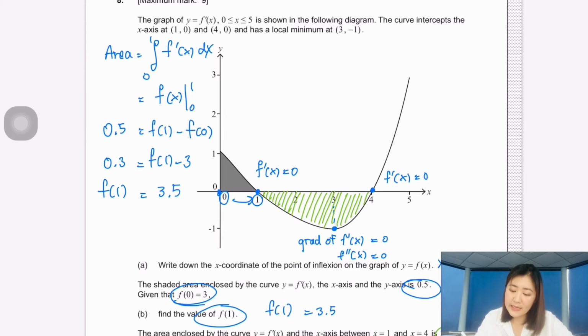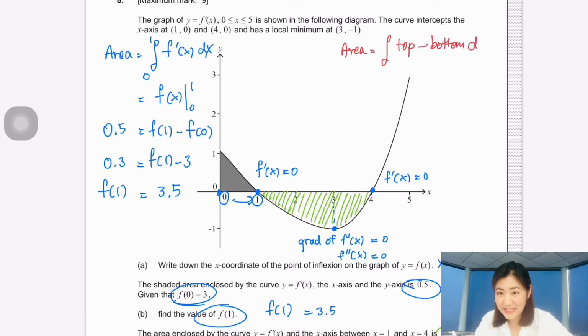So I would say the area enclosed would be the integral of the top function subtracted by the bottom function dx from starting point 1 to 4. What is the top function?